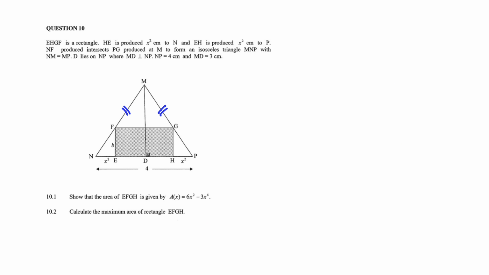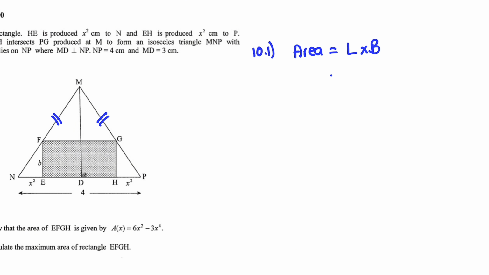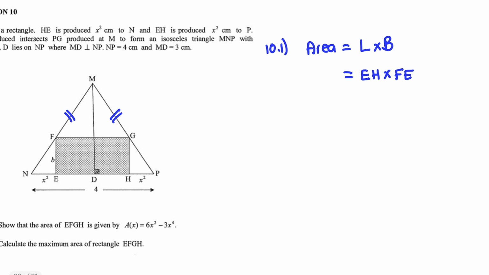So for question 10.1, we need to find the area of a rectangle, which is simply the length times the breadth. Or I can say the length is EH times the breadth of FE. So let's see if we have enough information to find EH.